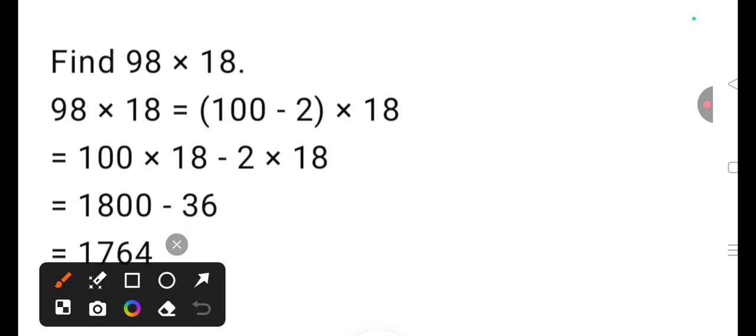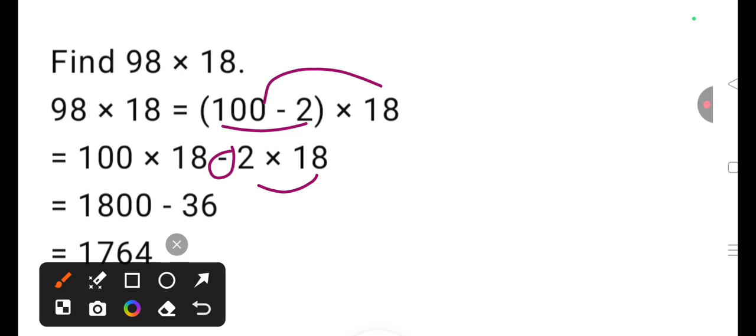So 98 into 18. How can you split it? 98 can be written as 100 minus 2, right? Now again the distributive property: you will use 100 into 18 minus 2 into 18, because there is a minus sign in between, right? Why have we written 98 as 100 minus 2?